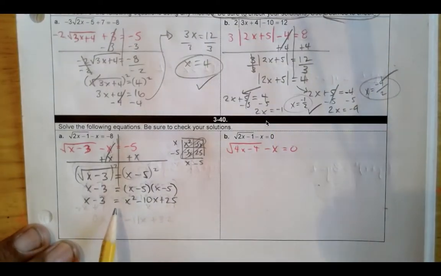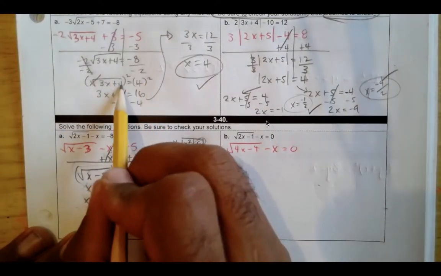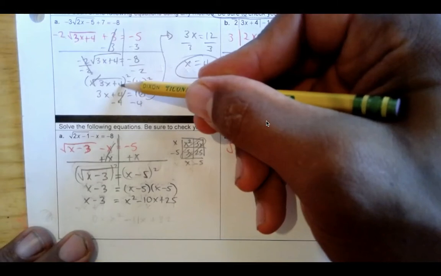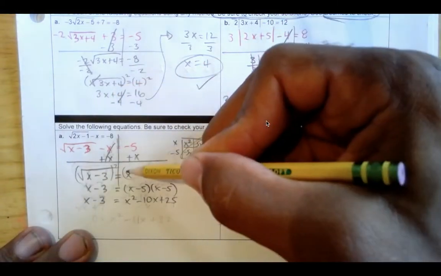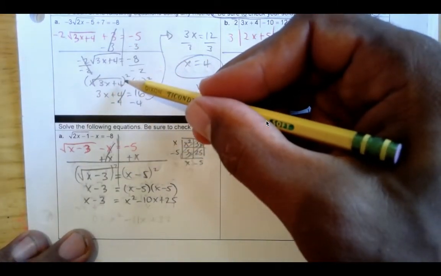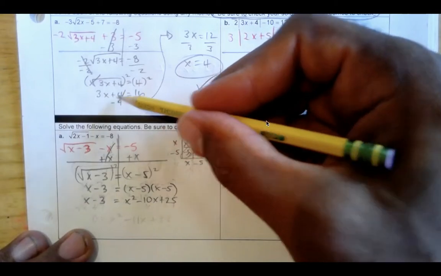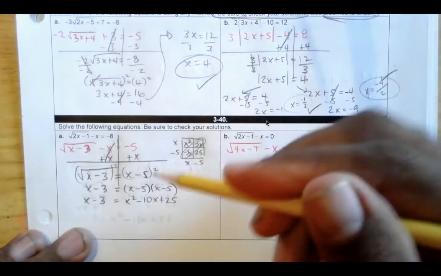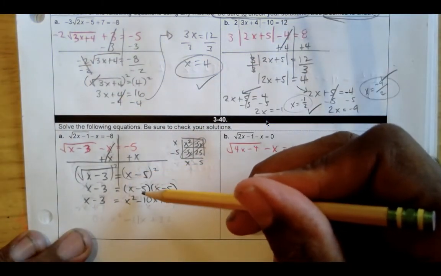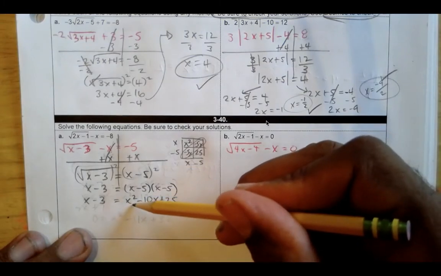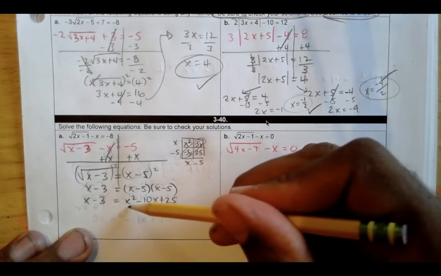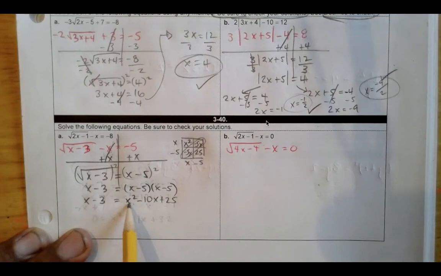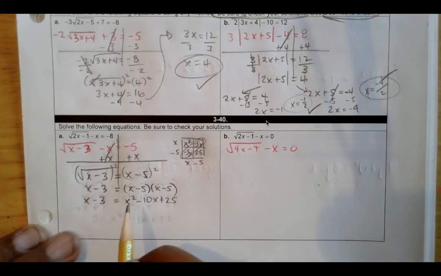Okay, so now here's the key thing. Looking at this radical problem compared to the previous one, after I squared it, I ended up with just a 3x and then some constants. Whereas here, after I squared it and multiplied it out, I ended up with an x squared term. Whenever you end up with x squared in your equation, this goes back to solving quadratics.